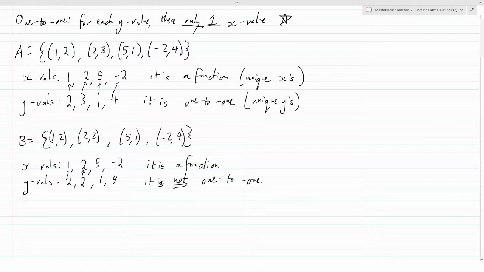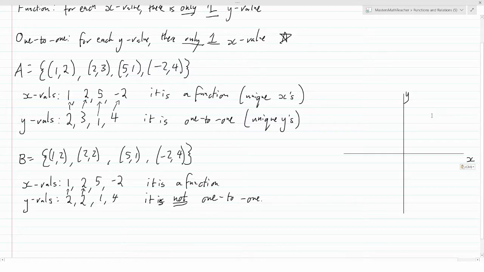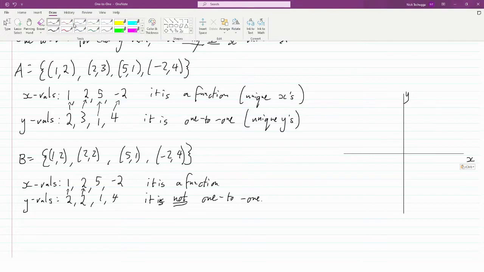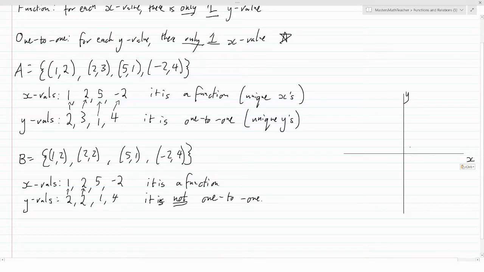Now we can actually see this graphically as well, the same way as before. So if we pull up a graph, let's do A first. We've got the points (1, 2), (2, 3), (5, 1), down here, and (-2, 4), up here.